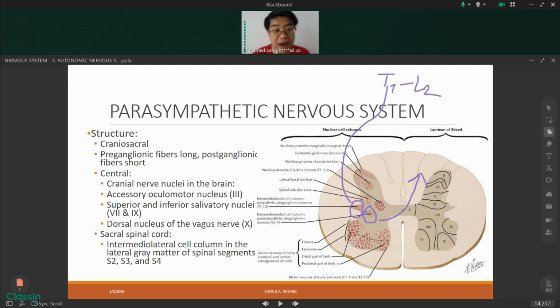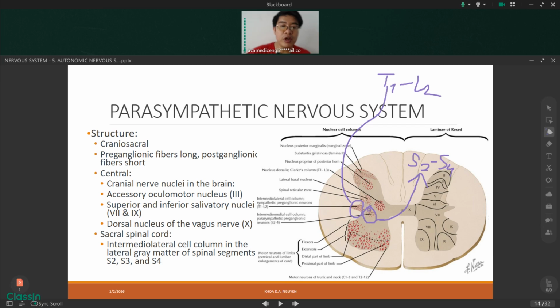Okay, these two areas are not the same. This is the intermediolateral cell column, and this is essentially where the cell bodies of the S2, S3, and S4 preganglionic parasympathetic neurons are, and they go out from here.